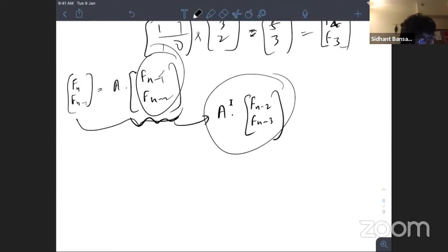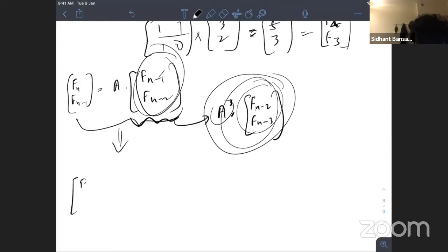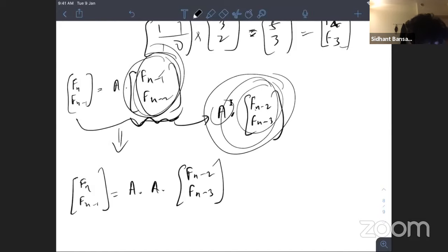This vector can be expanded into A times Fn minus 2, Fn minus 3. And you have two A's together, so it's A squared, times Fn minus 2, Fn minus 3.